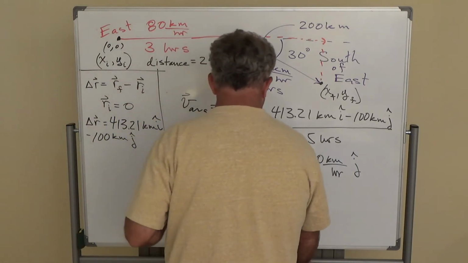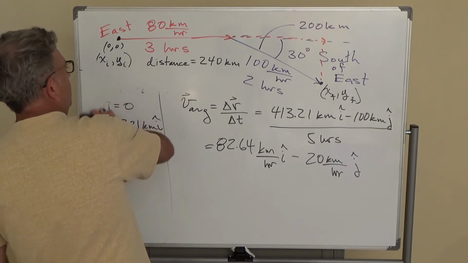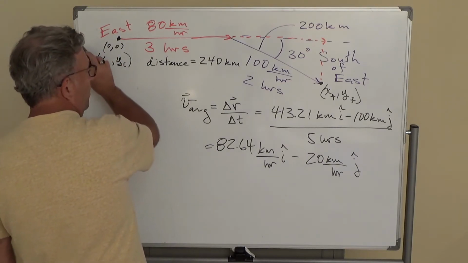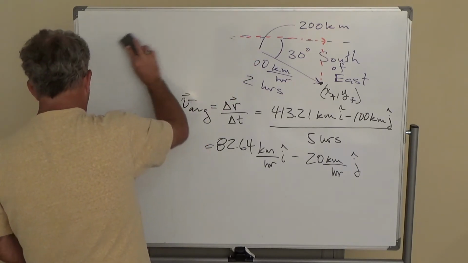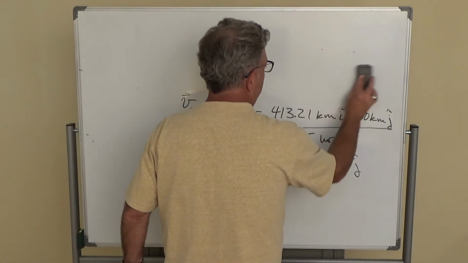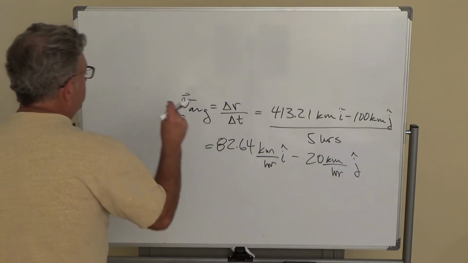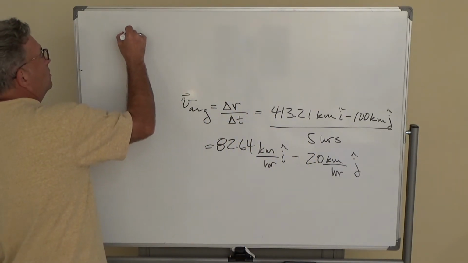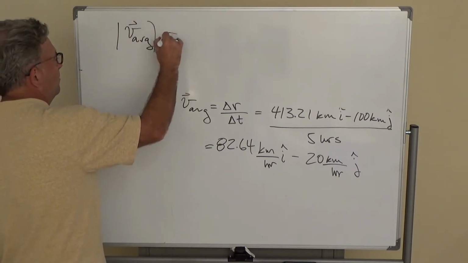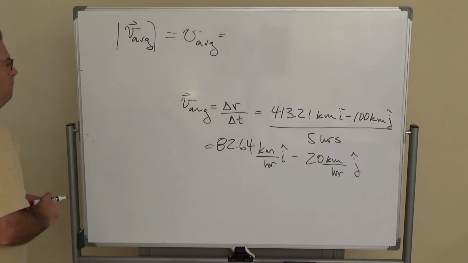Let's put it in polar form. I guess I can go ahead and erase this. Okay. So V average, when I write this, that means magnitude. Yeah.